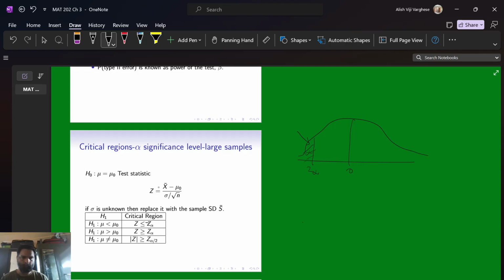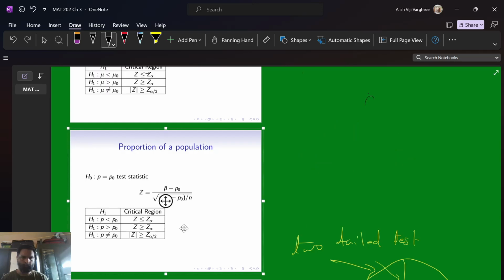In that case, the alpha probability is in this particular tail, and this is our Z alpha. If this is our critical region for Z, then I think the same mistake happened here also. This value is minus Z alpha.